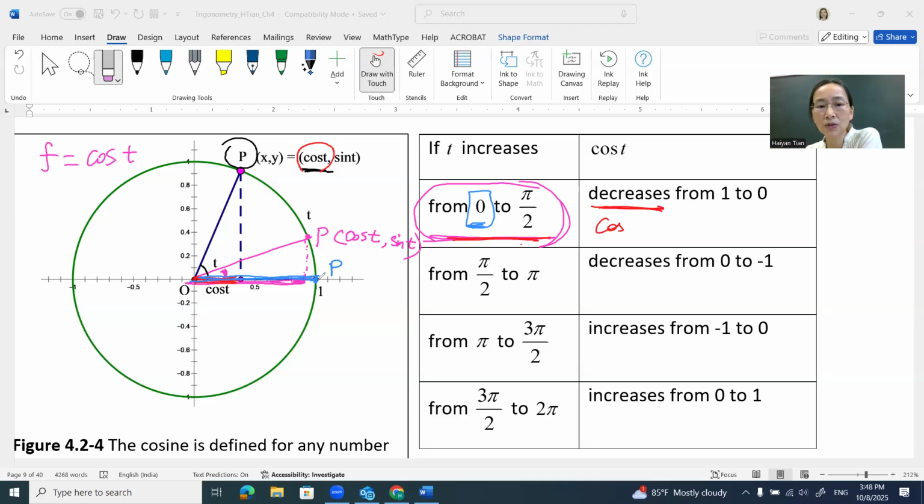The x coordinate is 1, which means cosine t is 1 when t is 0. And when t increases to pi over 2, what happens?